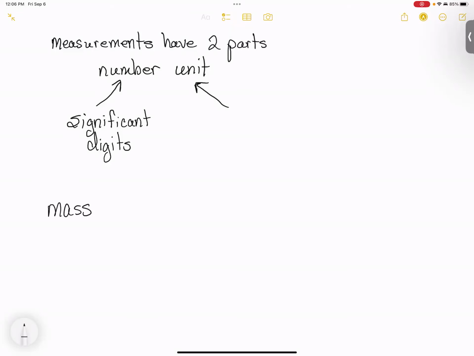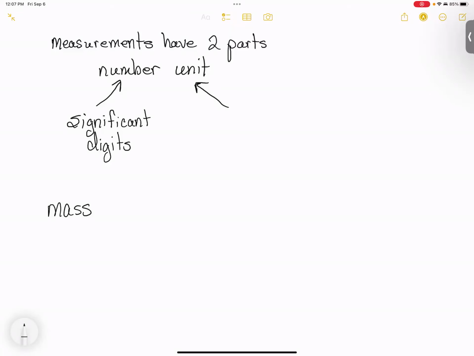Weight has a factor associated with it of gravity. Mass differs from weight because when you mass an object, you have eliminated the factor of gravity.